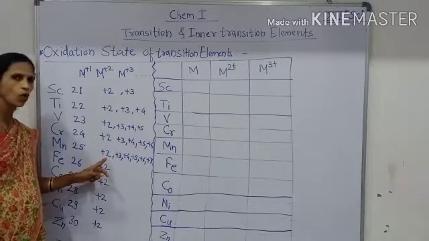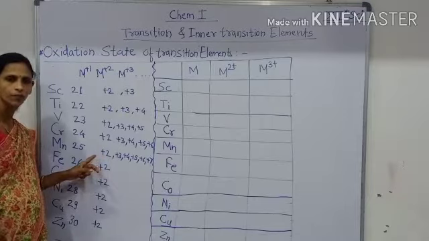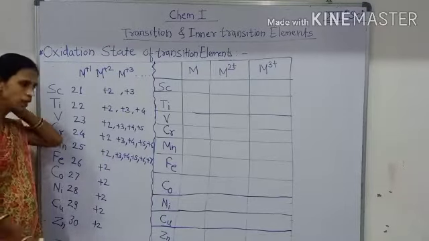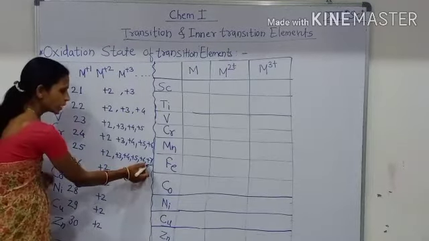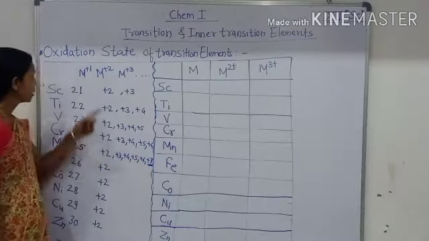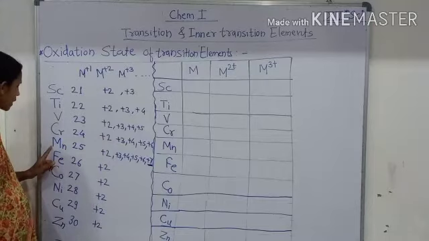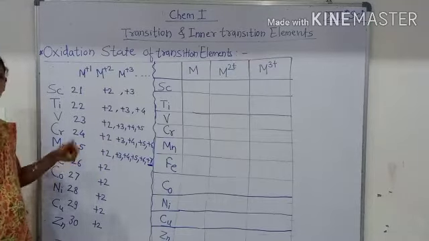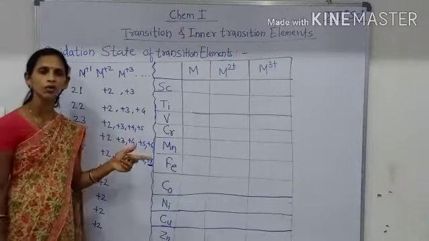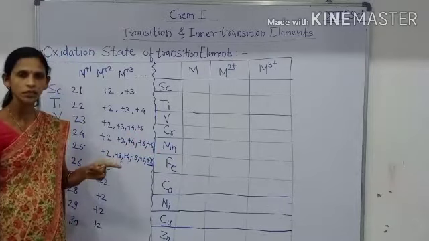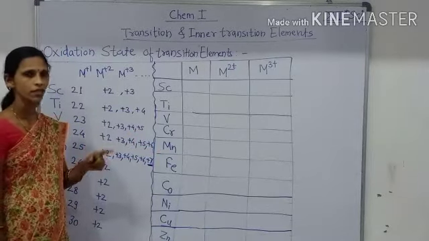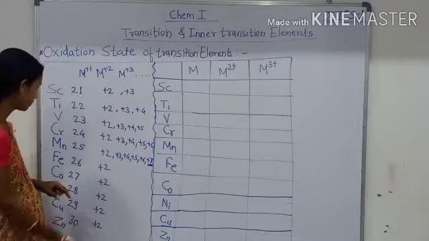If it loses all 2 electrons from 4s and 5 electrons from 3d, then it shows the maximum oxidation state. The maximum oxidation state is shown by manganese in this series. Similarly, in the 5d series, osmium shows the maximum oxidation state, that is +8.